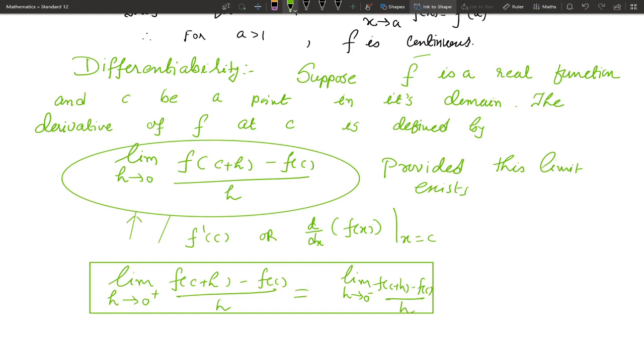So this is the definition of derivative of f at point C.